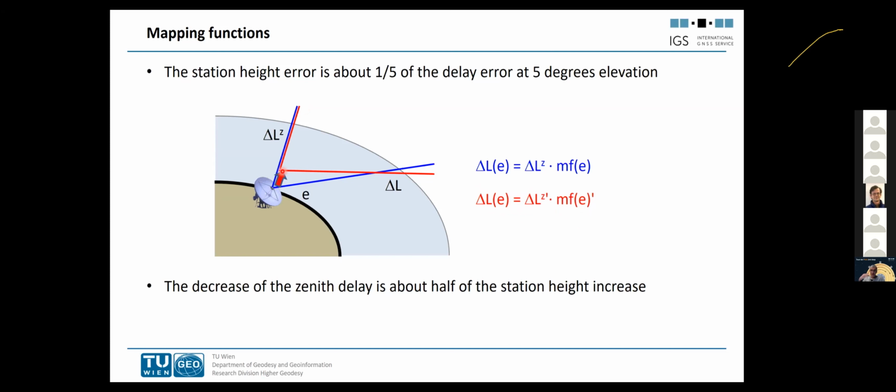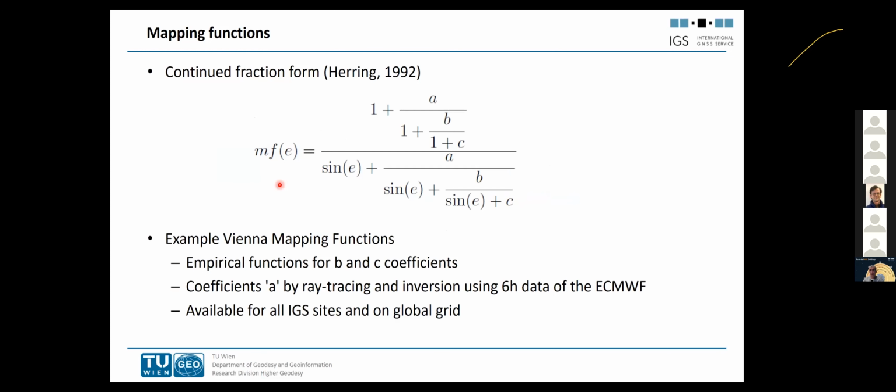So if our mapping function is too large, the station height is also too large, and the zenith delay is too small. Actually, it's not a one-to-one correlation between station height and zenith delay, but if the change in station height is 6 millimeters, the change in zenith delay is minus 3 millimeters approximately, so just half of the station height change. Okay, so that's the consequence of a wrong mapping function.